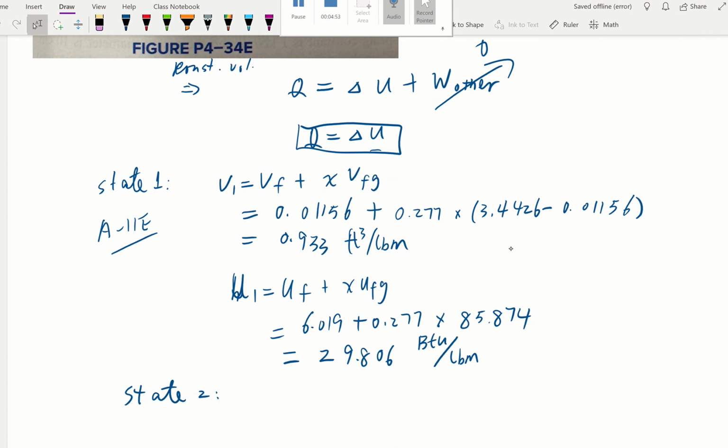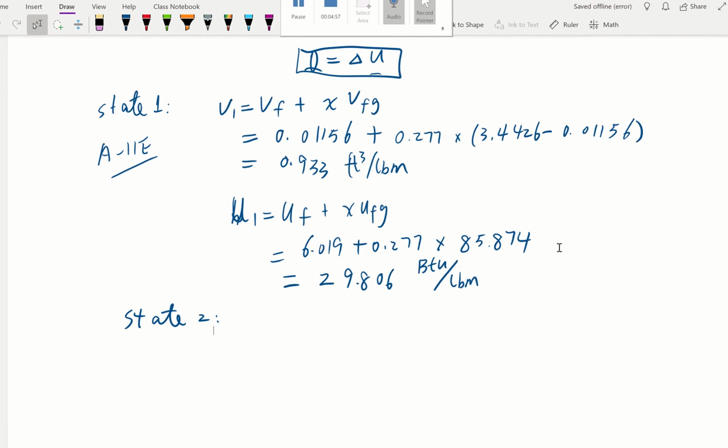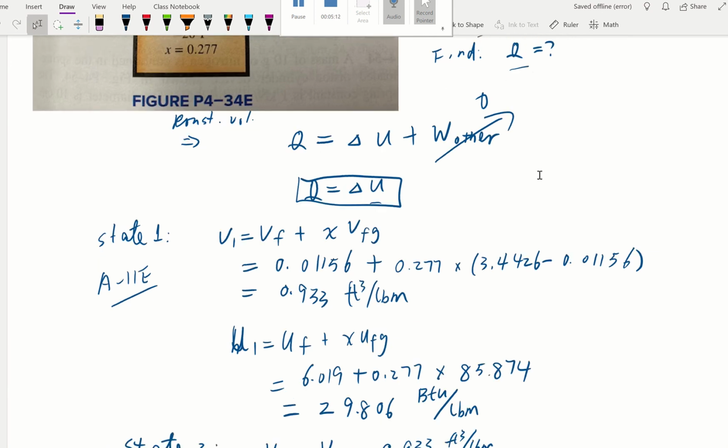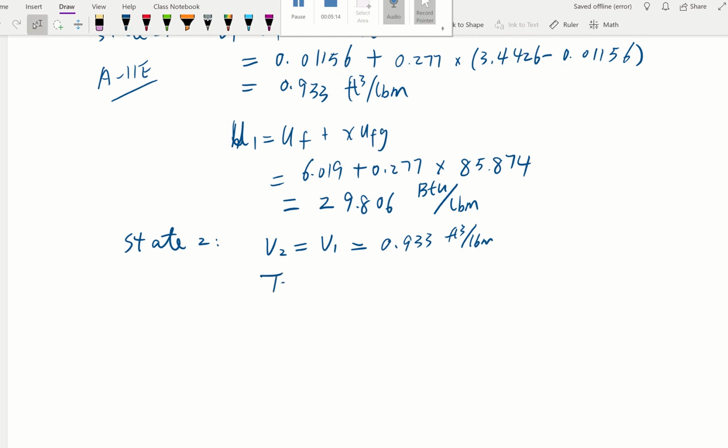As you predicted earlier, for state 2 you need the second property, which you already have. It's V2, since V2 equals V1, being a rigid vessel with constant volume. The second property, which is given, is T2 as 100 Fahrenheit. Knowing these two, our goal is to find our U2.